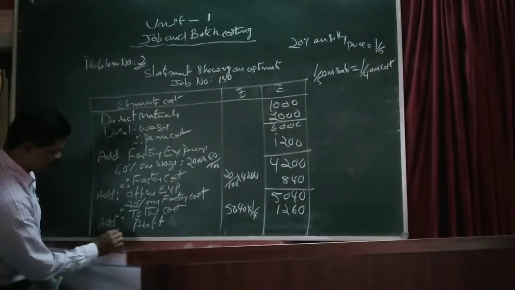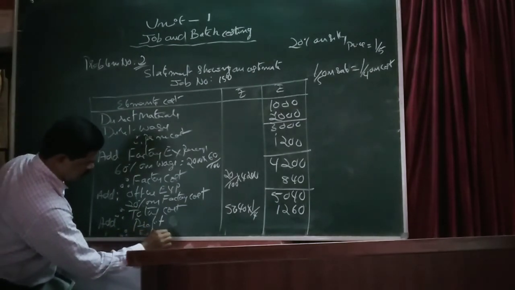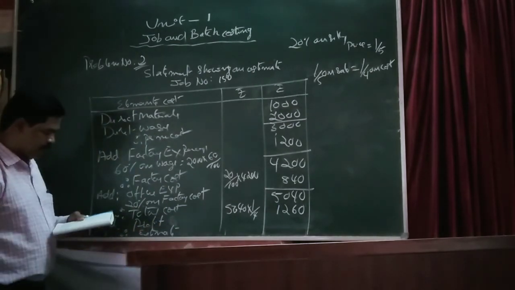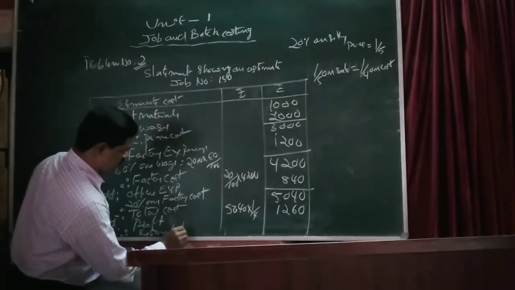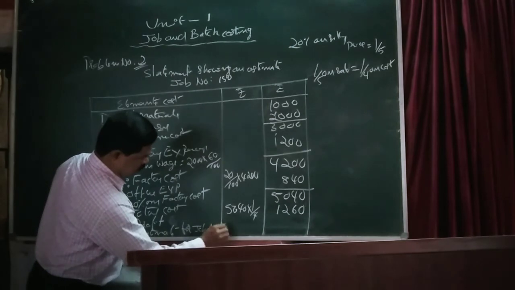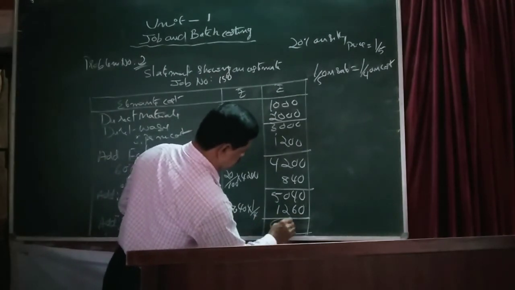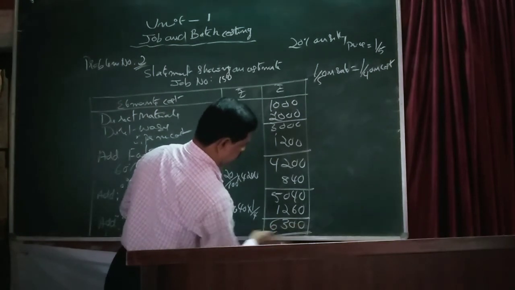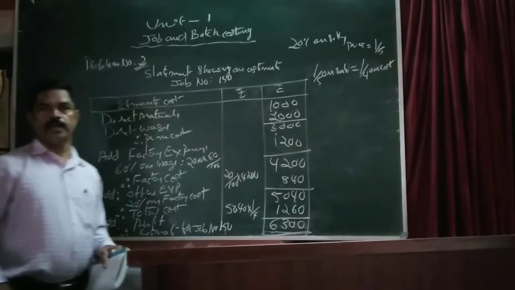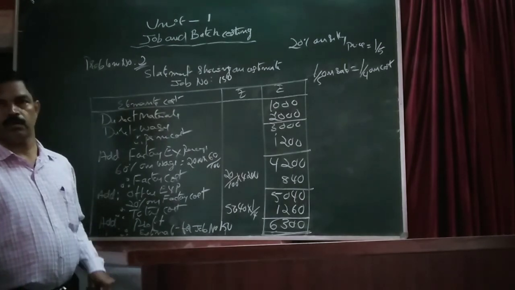So therefore, estimate for job number 150 is 6,300. So this is how an estimate is prepared under job costing.